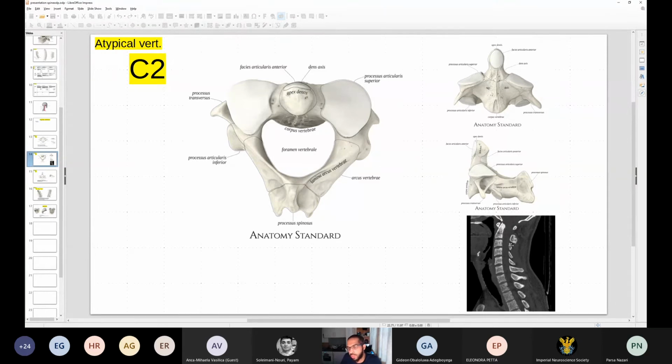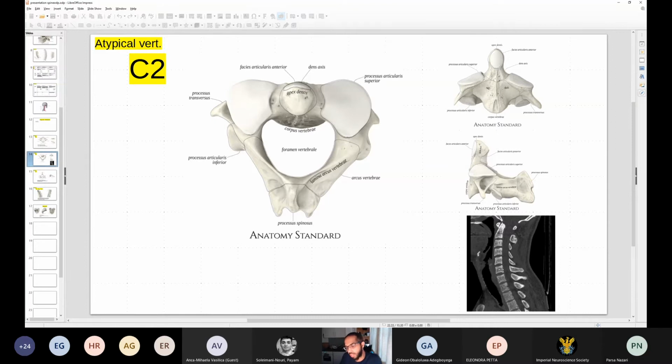We routinely look for the dens when we look at cervical spine X-ray, cervical spine CT scans, because it's the most atypical of all the cervical vertebrae, and you can easily identify it. And why would we want to identify it? That's because you can just count from it.